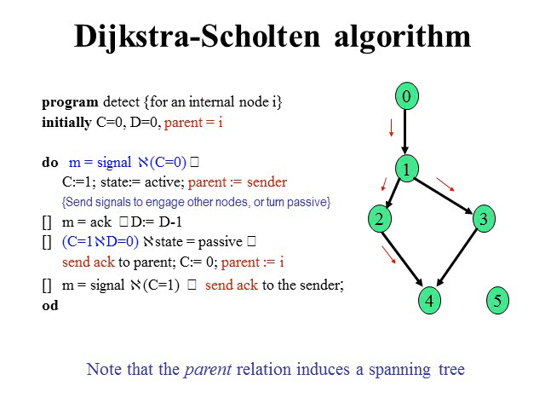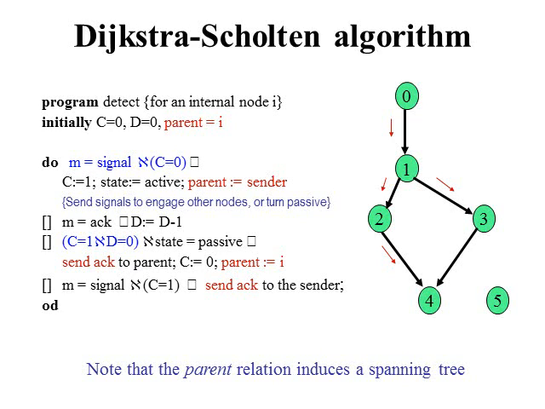So that is what is given in the very last statement in this algorithm. The note indicates that the parent relation basically induces a spanning tree, since every node does not acknowledge every sender as its parent.